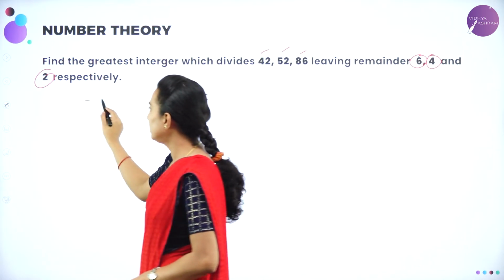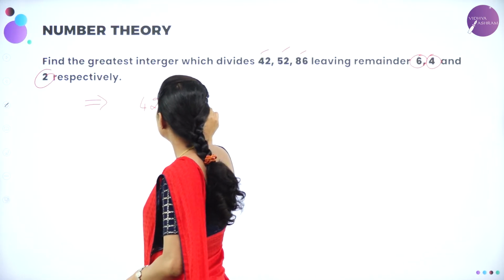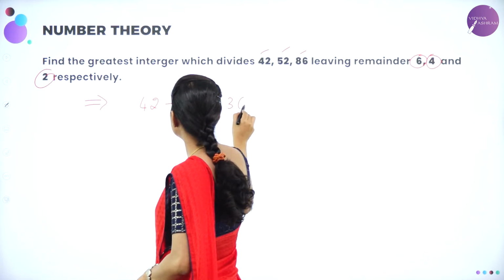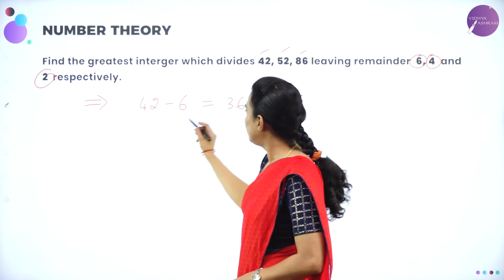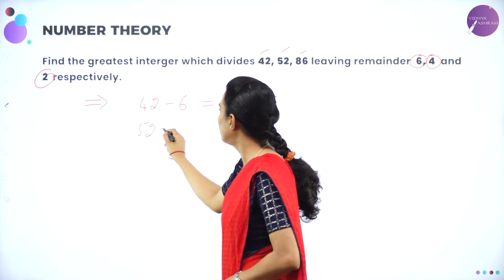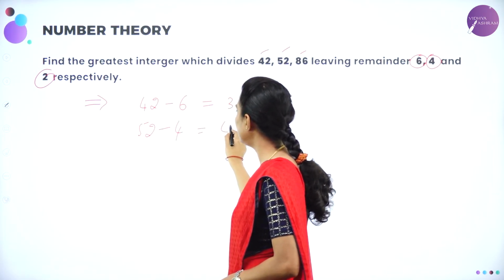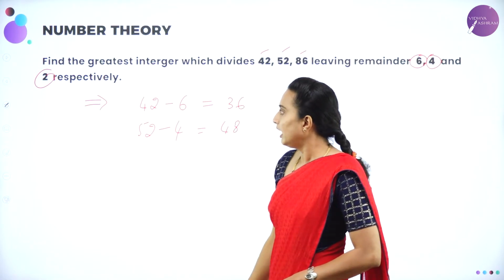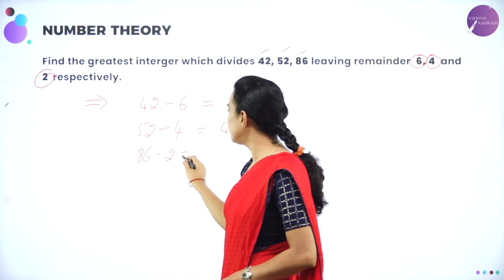So 42 minus 6 gives you 36, right? 36 plus 6 is 42. Next, 52 minus 4 gives you 48, isn't it?